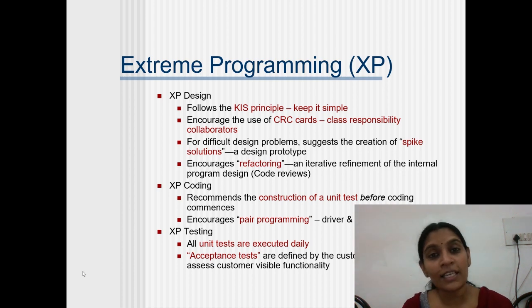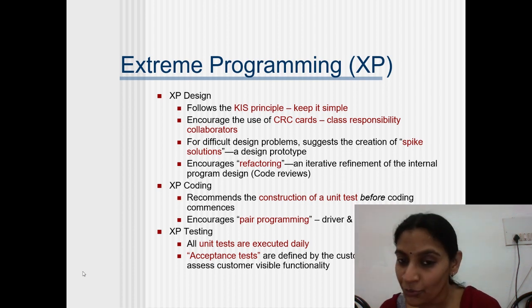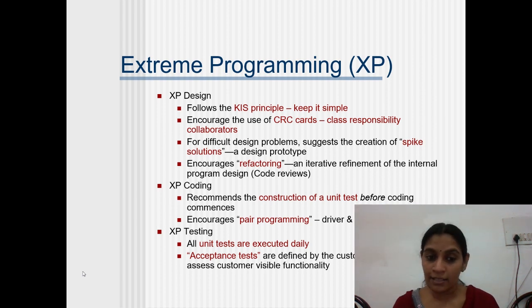It sounds like a little physical stuff, but still it is very useful. CRC card stands for class responsibility collaborators. It is very similar to the class diagram we have already learned in Java, C++, and all object oriented programming languages.